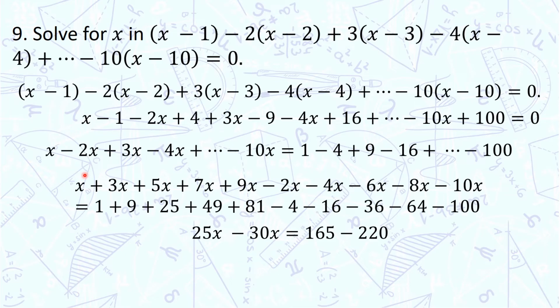On the right side, we will have 165 minus 220. Combining first the positive terms, the negative terms, and then the positive terms and the negative terms. Then we have negative 5x equals negative 55, so the final answer is 11.